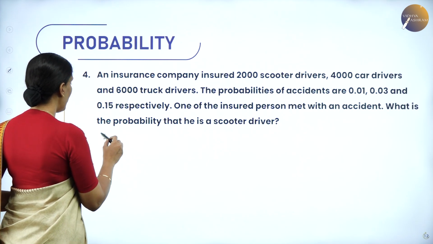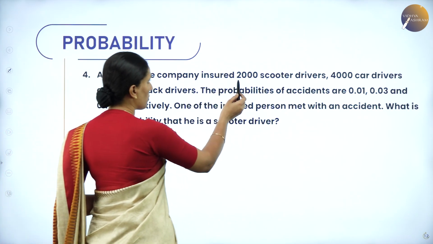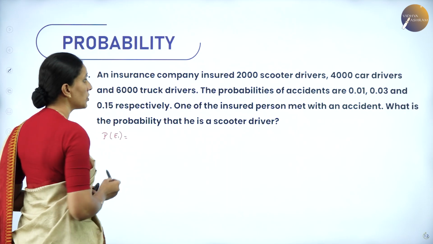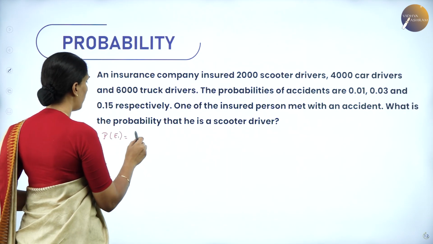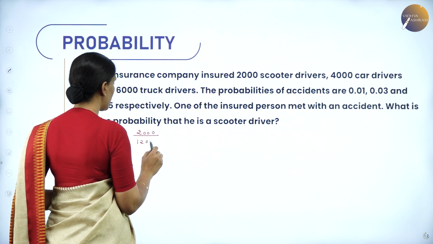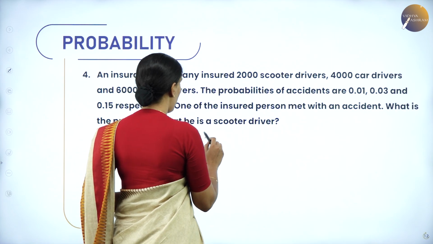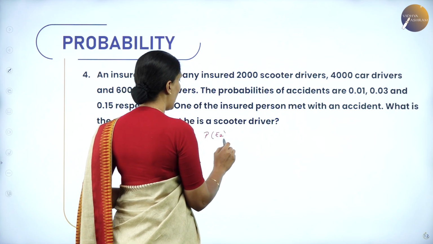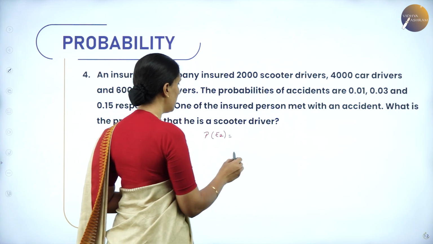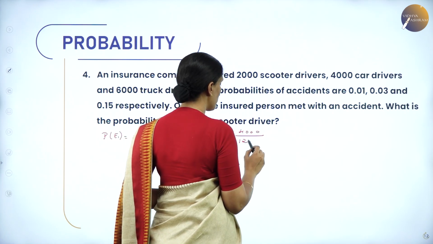Now, the probability of selecting a scooter driver is 2,000 out of 12,000 drivers. So therefore it is 2,000 divided by 12,000, which will be equal to 1 by 6. The probability of E2, where the person is a car driver, is 4,000 divided by 12,000.